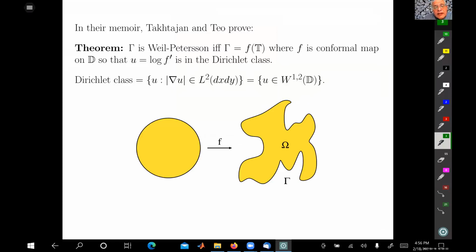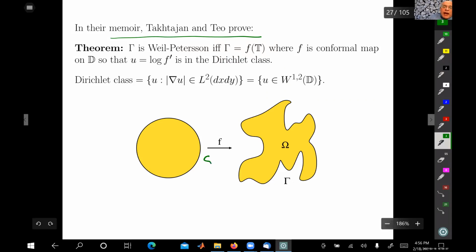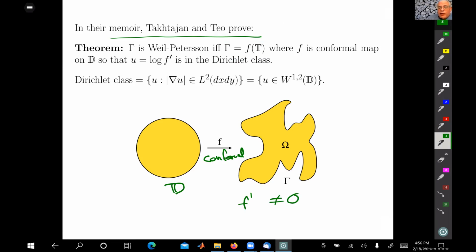Now, because I'm a geometric function theory person, I like conformal mappings, so the following result in the Takhtajan and Teo paper is the most natural to me. May not be the most natural to you, but we can consider the conformal mapping f from the disk to the domain bounded by the curve. Now, it's a conformal mapping, so f prime is never equal to 0. If f prime vanished somewhere, it'd locally be a 2-to-1 mapping and it wouldn't be conformal.